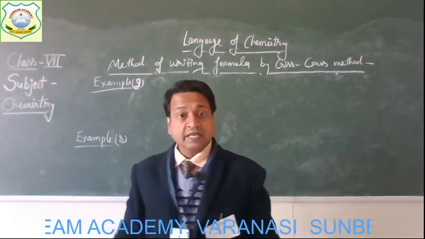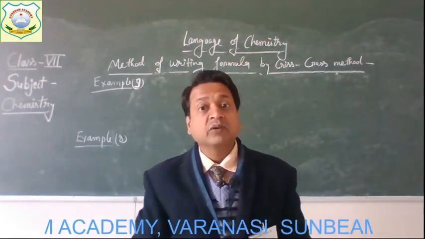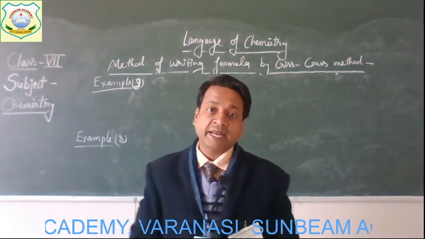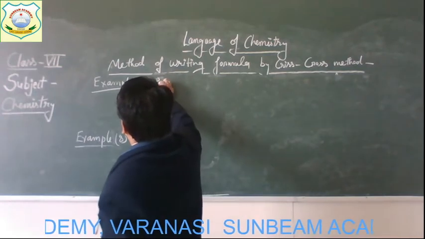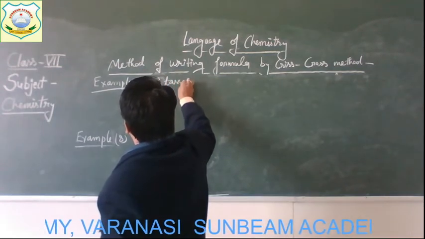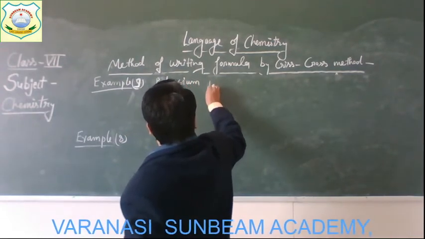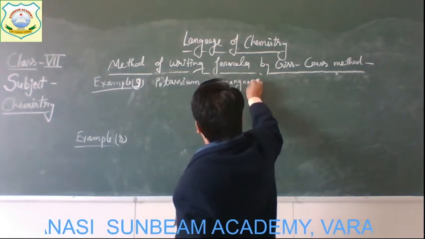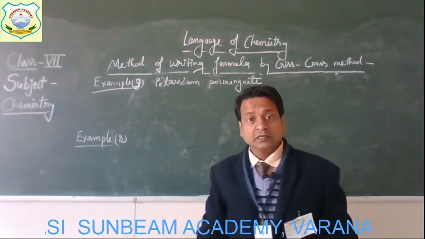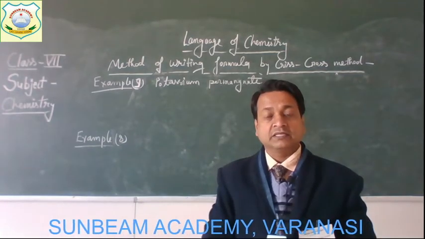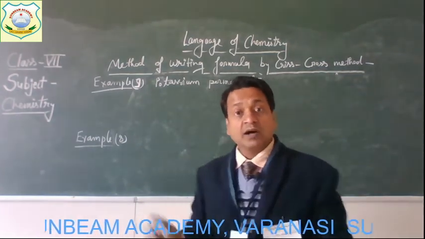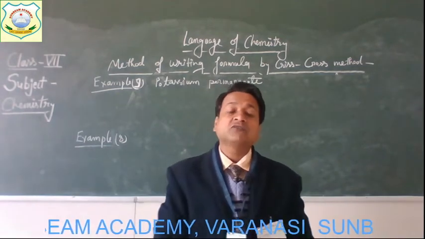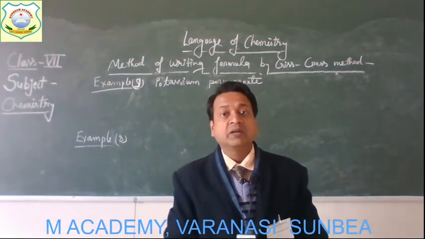And the next example, we will write the formula of potassium permanganate. For writing the formula of potassium permanganate, first of all, we will write the symbol of these two.